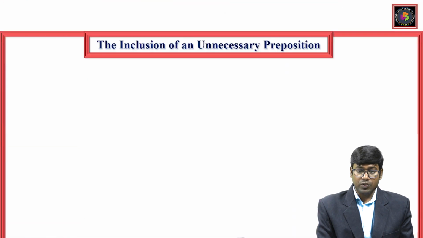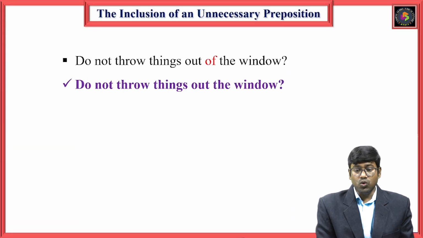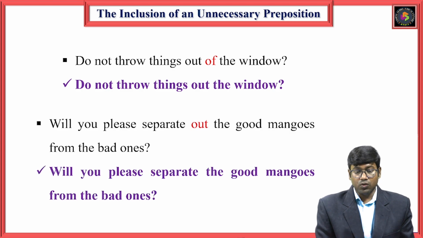Next example: do not throw things out of the window. In this example also, off is unnecessary. So do not throw things out the window. Okay. Will you please separate out the good mangoes from the bad ones?